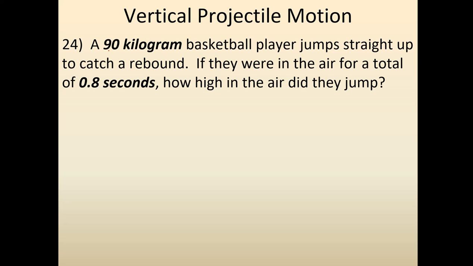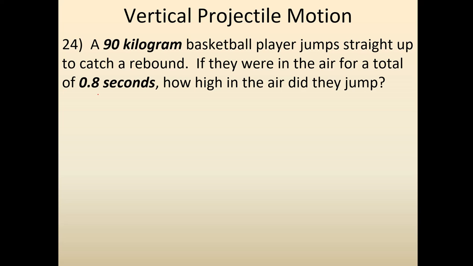Okay, so this one is a little bit trickier. Now, there's a few different ways to solve this. One of the ways you could do this is use this information in order to figure out the initial velocity that the person jumped with, and use that to figure out the distance.